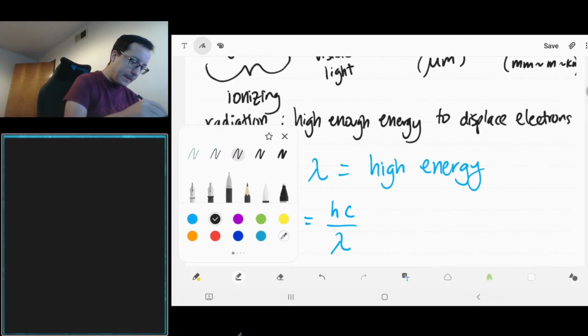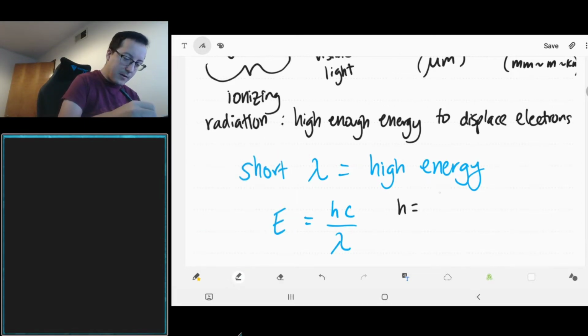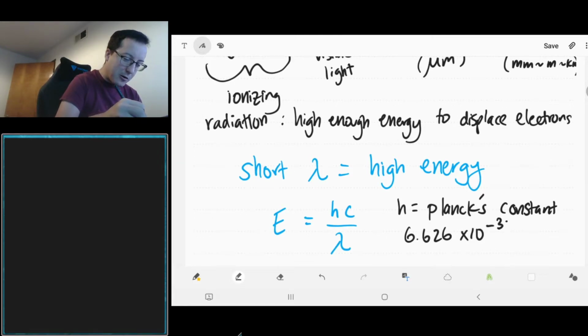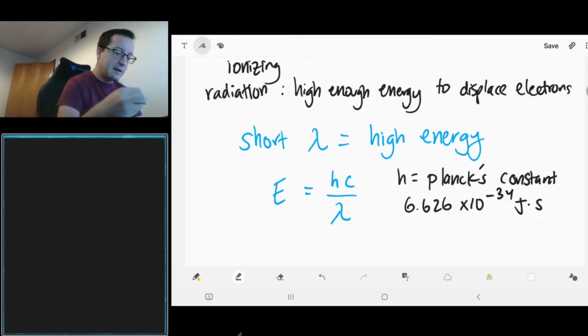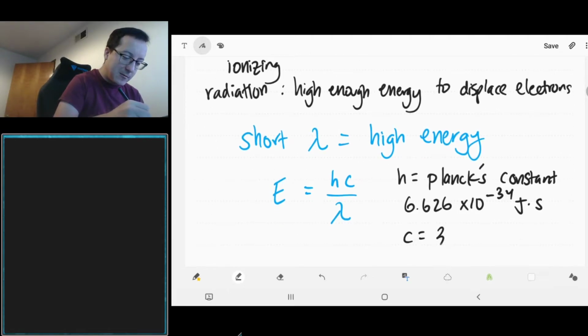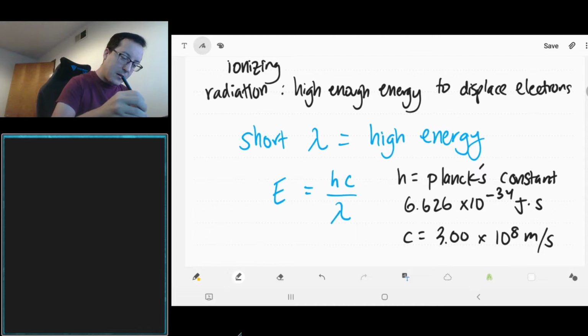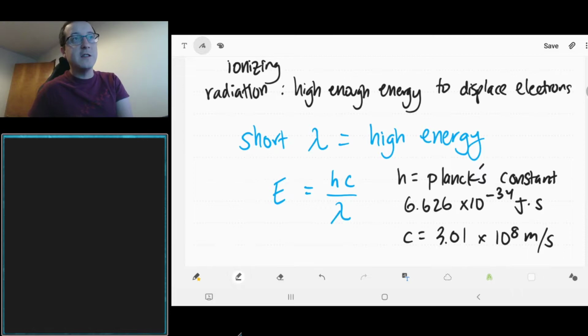So, let me just write that out. If you really want to know what these are, h is 6.626 times 10 to the negative 34 joules times seconds. And c is the speed of light, actually, I think it's 3.01. You're not going to need these. We're not going to do a calculation in this course for the energy relationship to wavelength.